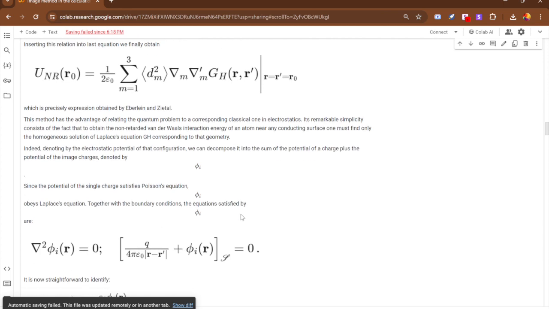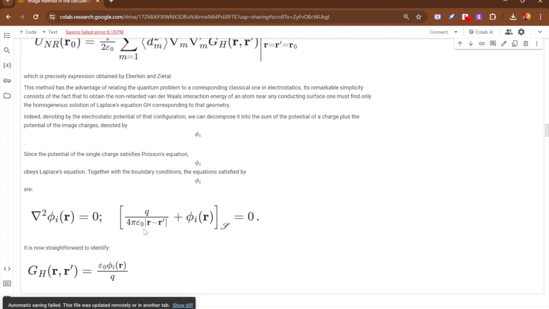So together with the boundary conditions that have been imposed, we have two equations: del squared phi I of r is equal to 0, and the boundary condition that at the surface it has to be 0. When we put these two equations together, we can directly get the function GH that corresponds to this solution. So we get GH to be epsilon naught phi I of r divided by q.